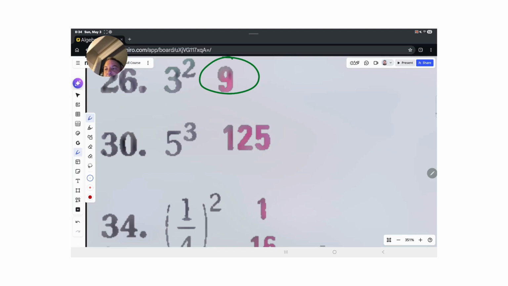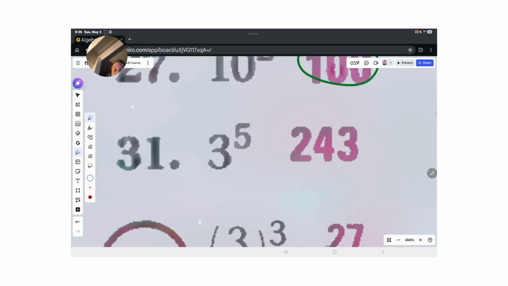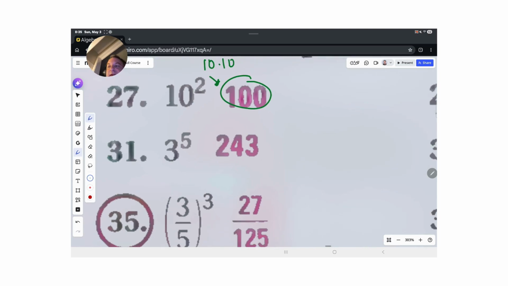All right, 5 cubed is 5 times 5 times 5. 5 times 5 is 25 times 5 is 125. 3 to the fifth power, that would be 3 times itself 5 times. 1, 2, 3, 4, 5. Now let's check it. 3 times 3 is 9.